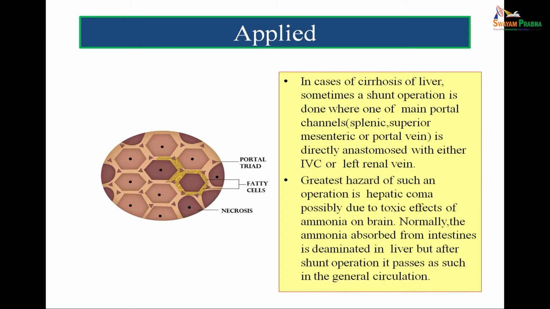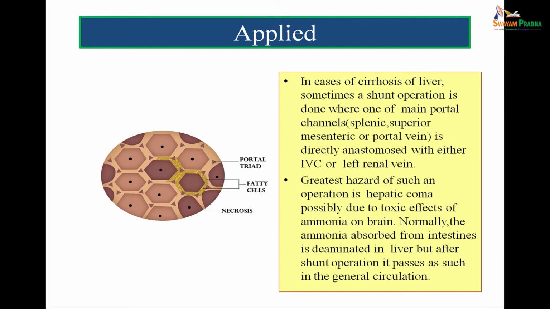Now on the left side in the figure you can see this is a case of cirrhosis in which the liver bed is markedly obliterated, and for cirrhosis sometimes a shunt operation is done, the liver is bypassed. What happens is that one of the main portal channels, splenic, superior mesenteric or portal vein, is directly anastomosed with the inferior vena cava or the left renal vein.